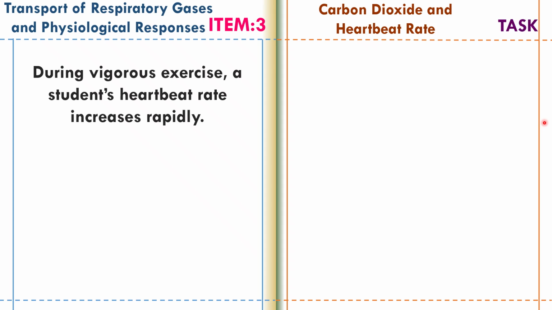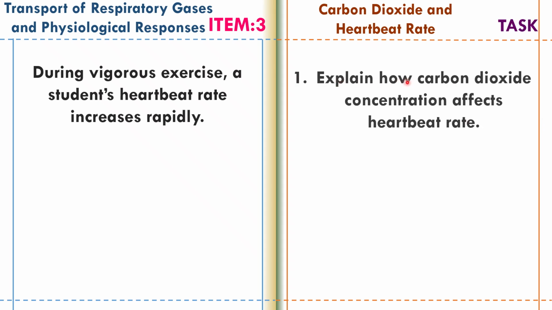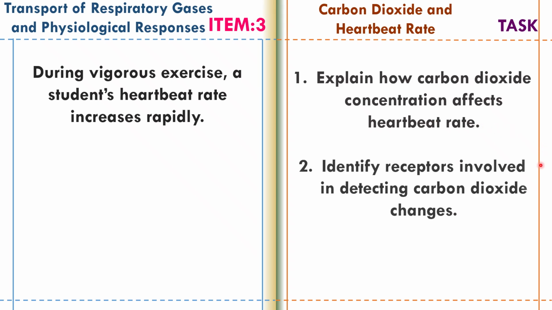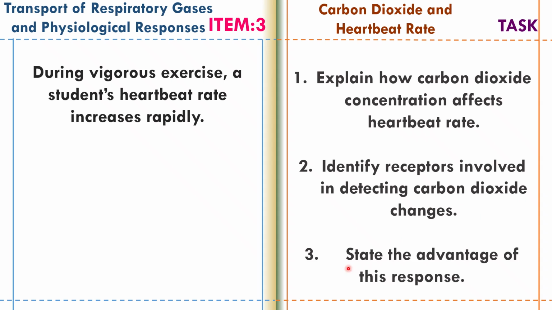Task: explain how carbon dioxide concentration affects heartbeat rate. Identify receptors involved in detecting carbon dioxide changes. State the advantages of this response.